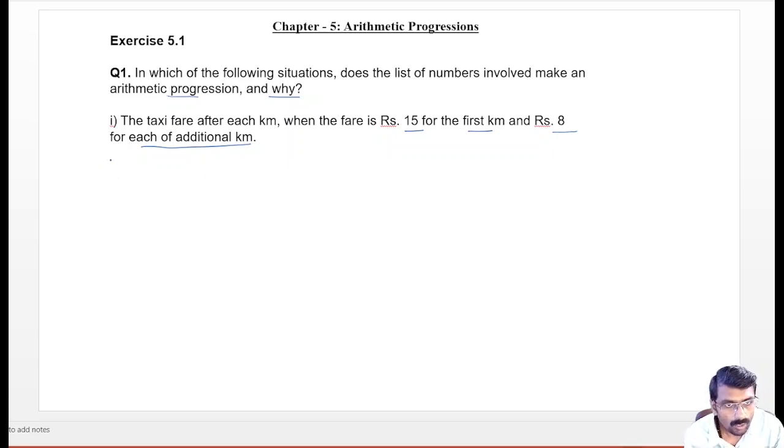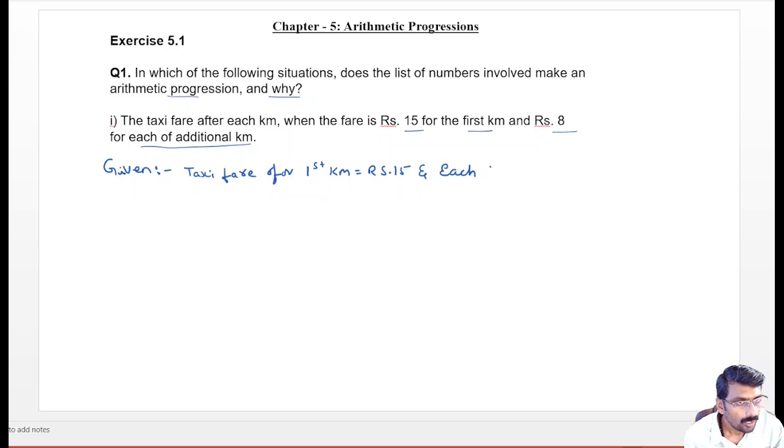So what is given to us here? The given is the taxi fare for the first kilometer, that is rupees 15, and each additional kilometer would be rupees 8.